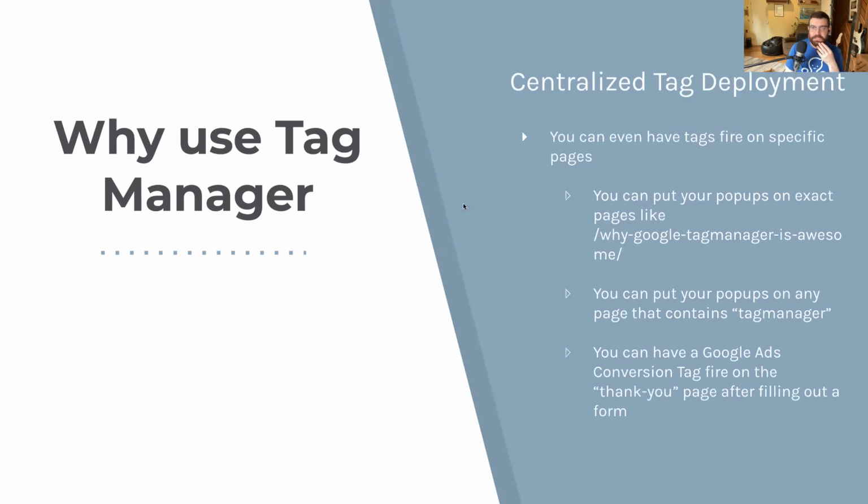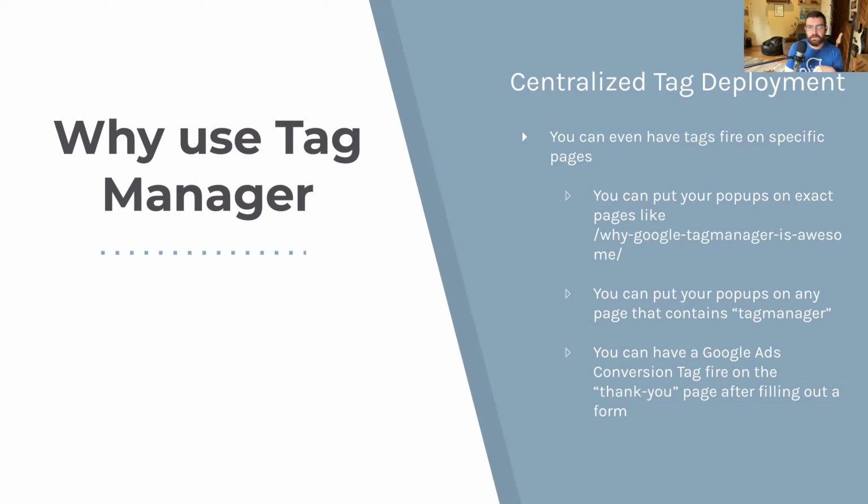And also, because it's centralized, you can do some really fun deployments. Say you have a PDF giveaway for how to set up event tracking with Google Tag Manager, and I want this to show up only on my blog posts that mention Tag Manager.